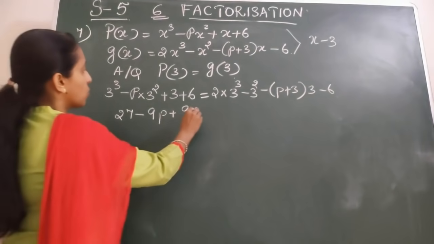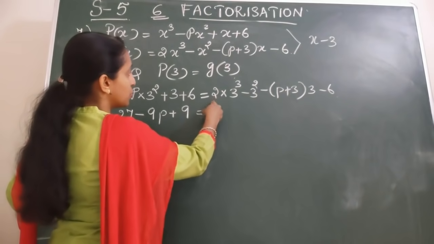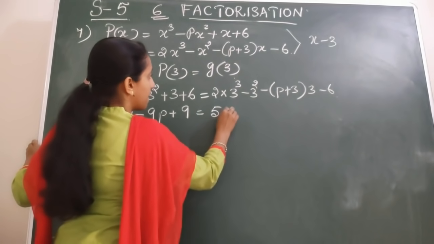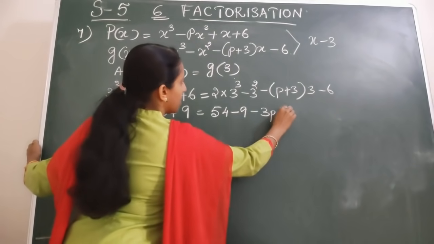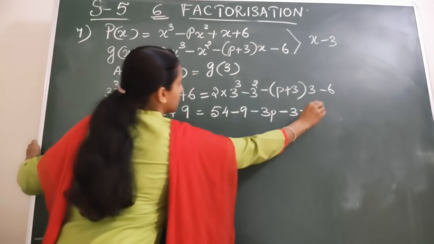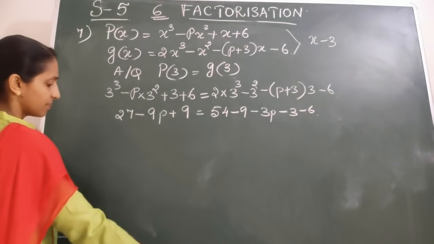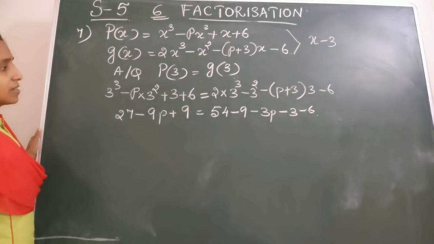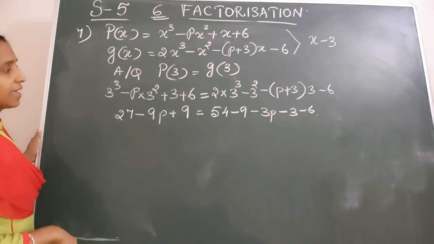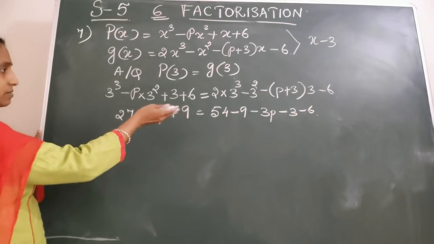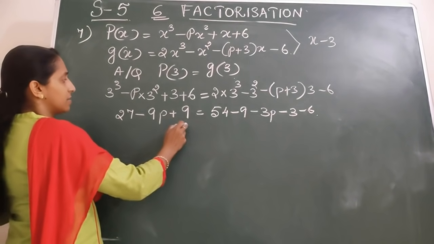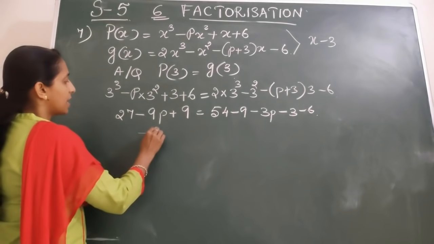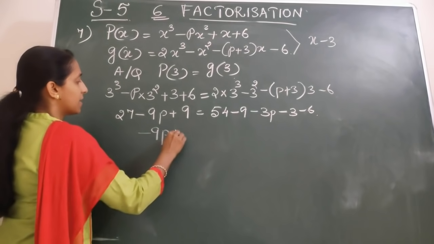Right? Equal to 27 into 2, 54 minus 9 minus 3p minus 3 minus 6. Now what to do? Now you will take the constant terms to one side and the variable terms to the other side. So 27 plus 9, 36 minus 9p plus 36.